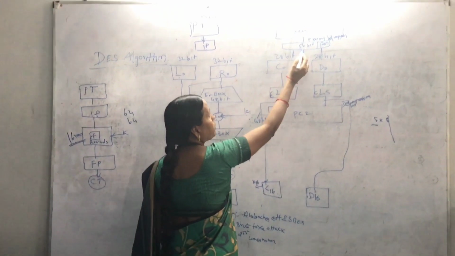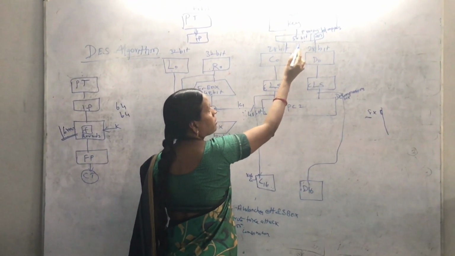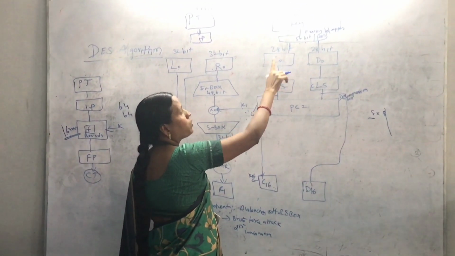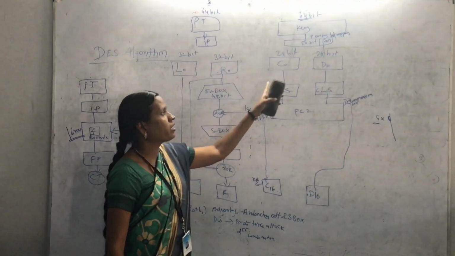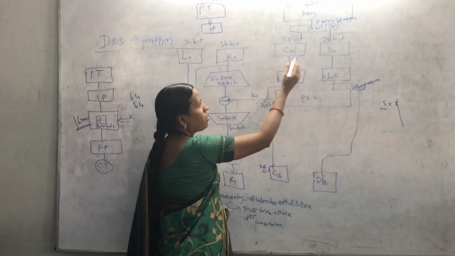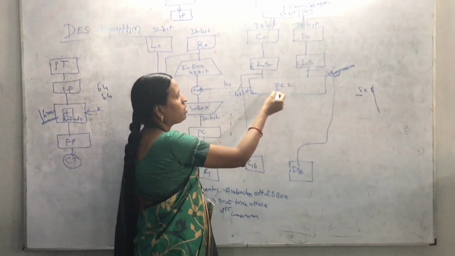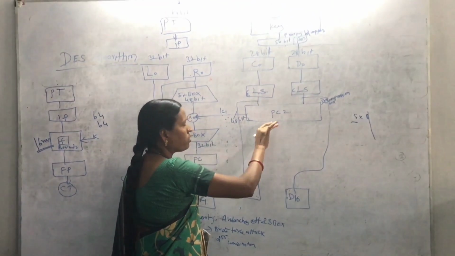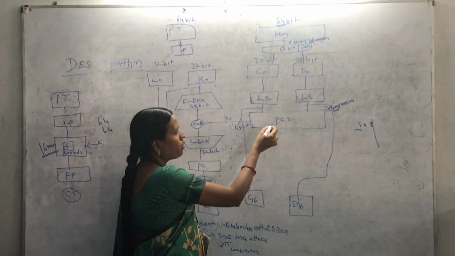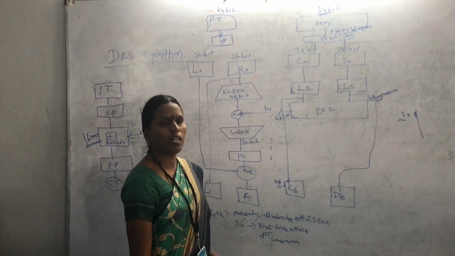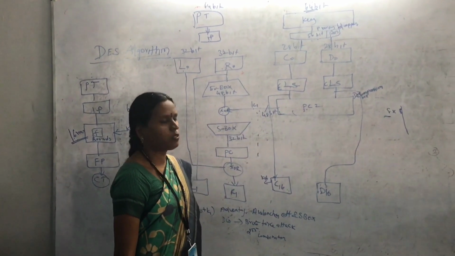Again, we apply a permutation to this 56 bits, changing the bit positions, and then it is divided into two equal parts called C0 and D0, 28 bits and 28 bits. Before applying the next permutation, we generate the 16 sub-keys using the circular left shift.